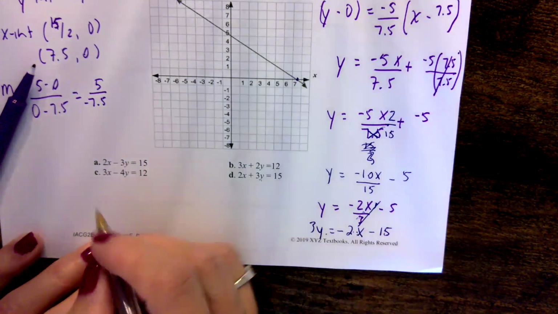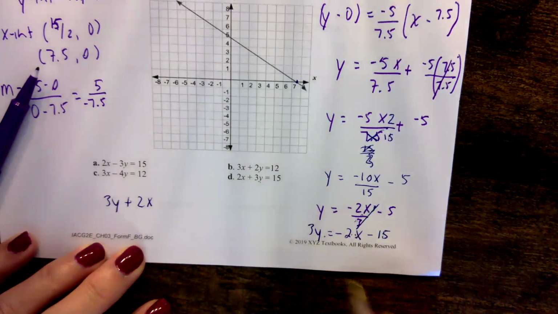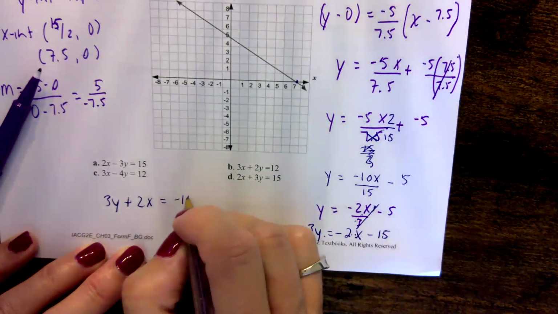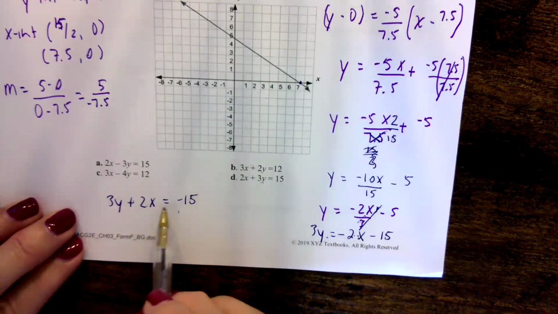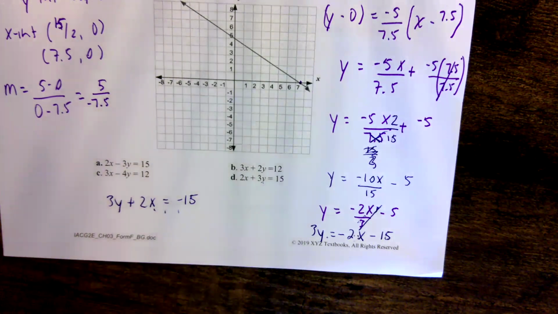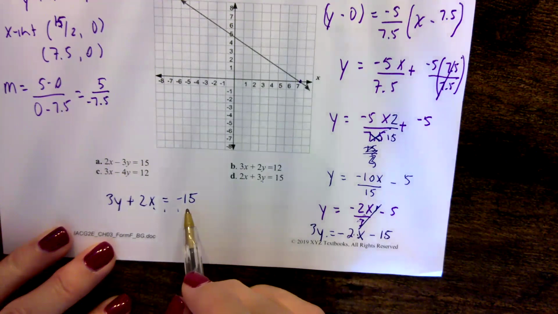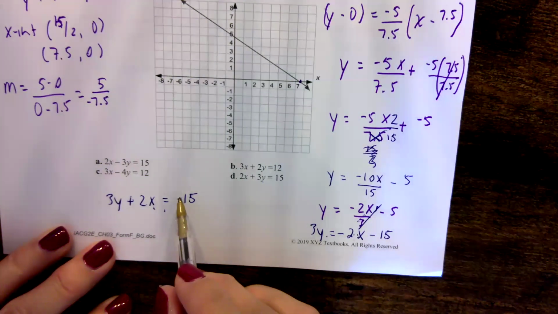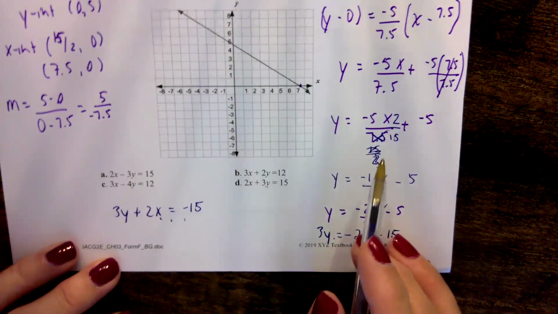So when we add our 2x to both sides, we get 3y plus 2x equals a negative 15. And this one is weird because they just wrote it different. They took the negative over, they wanted the x to be in front here, so that would be a positive 15. Let's see, I think I'm missing a negative here.